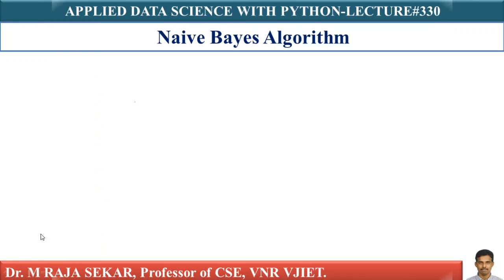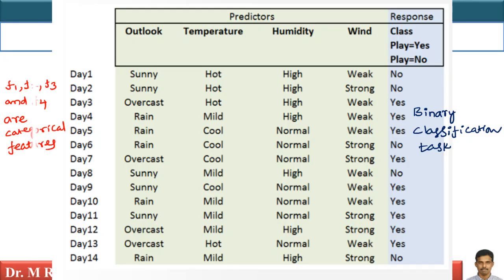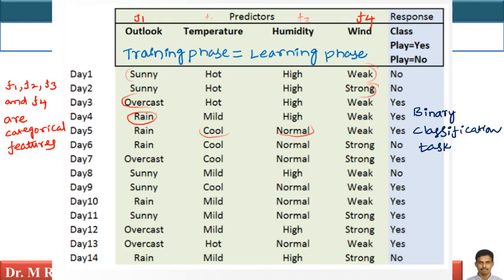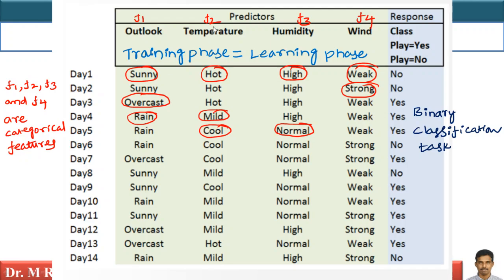Therefore, as there are only 2 possible values for the response variable, that is yi, I can say this is a binary classification task with how many features? With 4 features. These F1, F2, F3, F4 are basically categorical features. What are the categories for F1? For F1 the categories are sunny, overcast, rain, and these are 3 categories. What are the categories for F2?